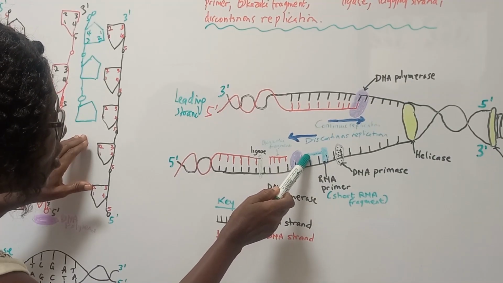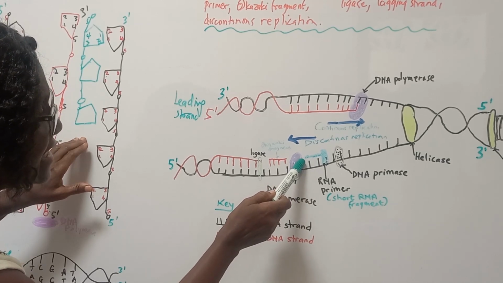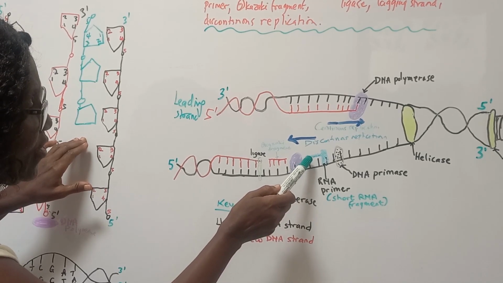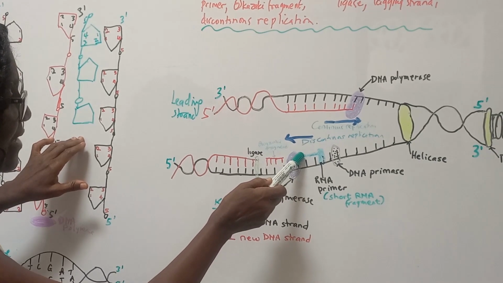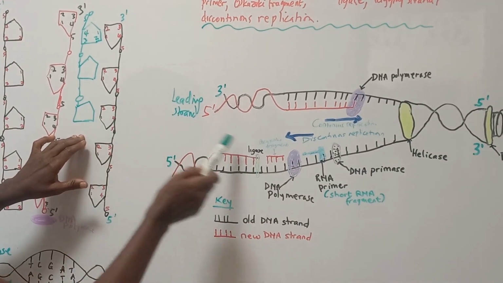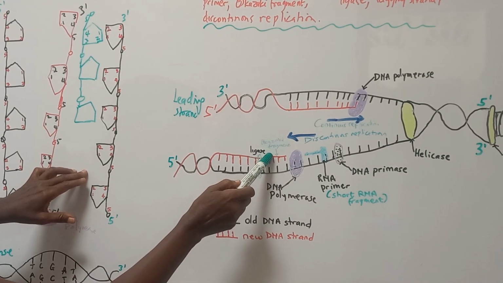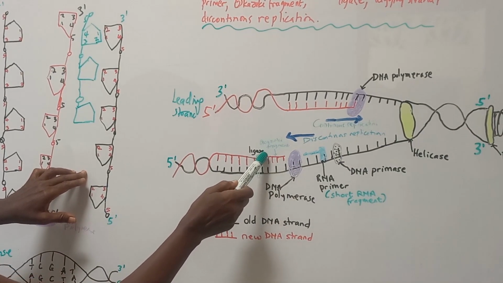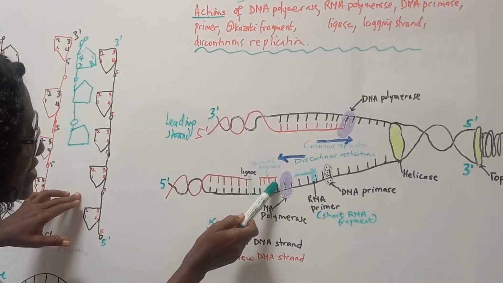And when it has formed a short RNA segment, the DNA polymerase will see the short segment moving in the 5 to 3 direction and continue the process for a short time. Then it will stop. So it forms a short fragment that is complementary to this portion.